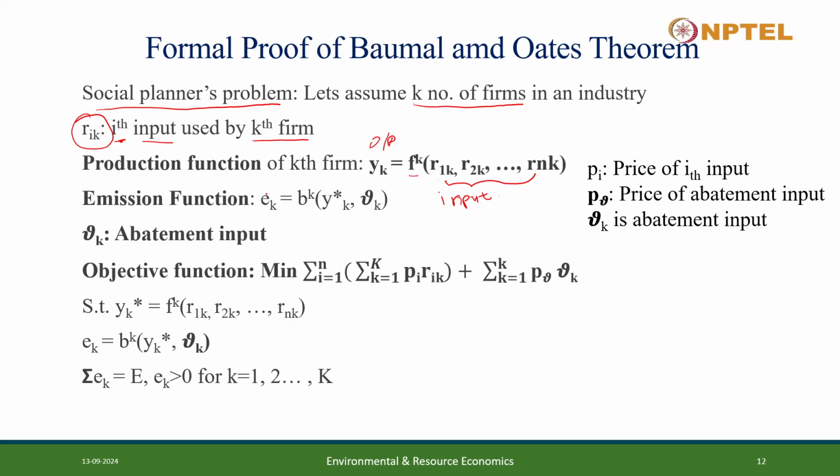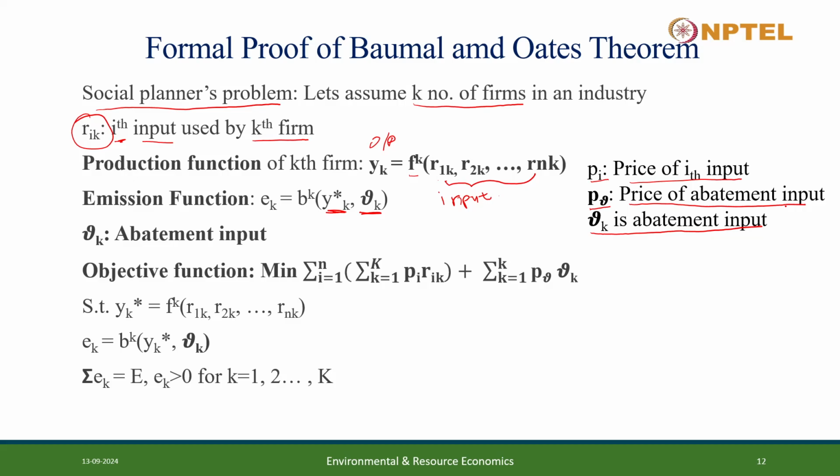Then I have an emission value, which will be shown as output amount and abatement amount. This value is the abatement amount, okay? Then we get p_i, that is the price of the ith input, and p_mu, that is the price of the abatement input, okay?